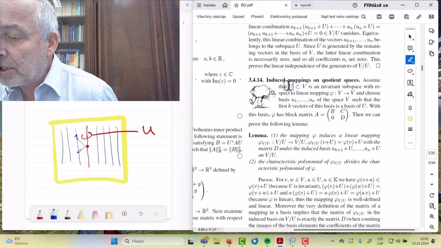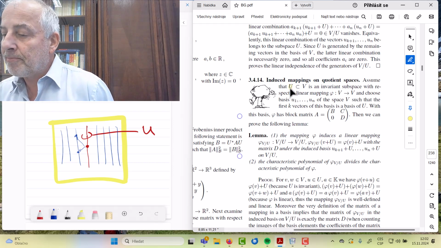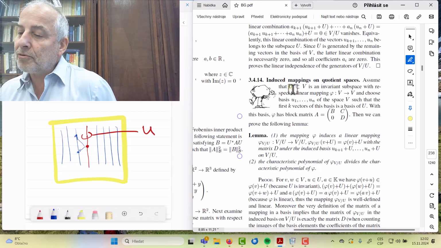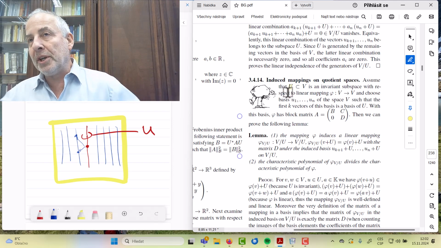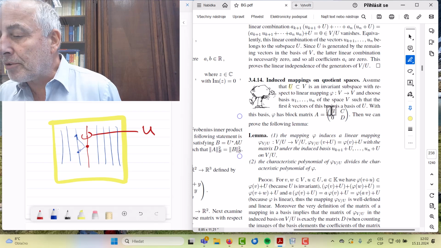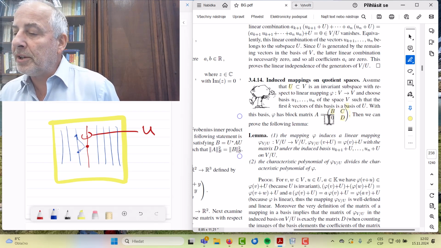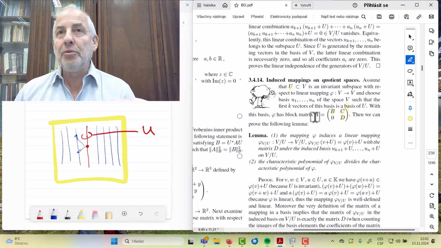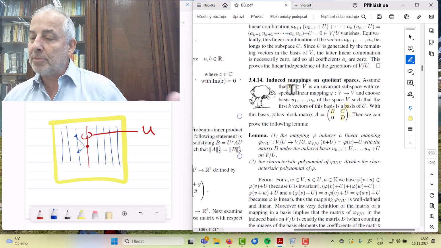So if our subspace U is an invariant subspace, then in the completed basis, starting with some basis of this subspace and completing it to the full space, the matrix of the mapping must be this. And what happens is that the mapping automatically generates the induced mapping on the quotient space, because U is invariant, so it makes sense.